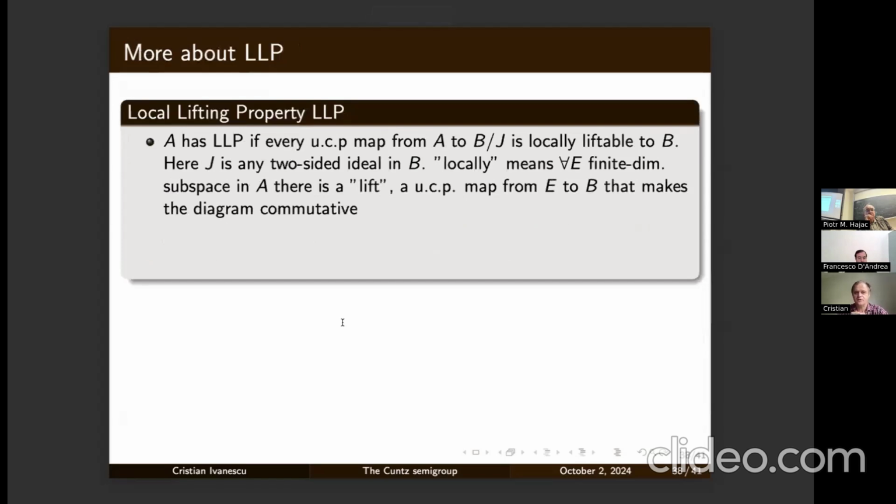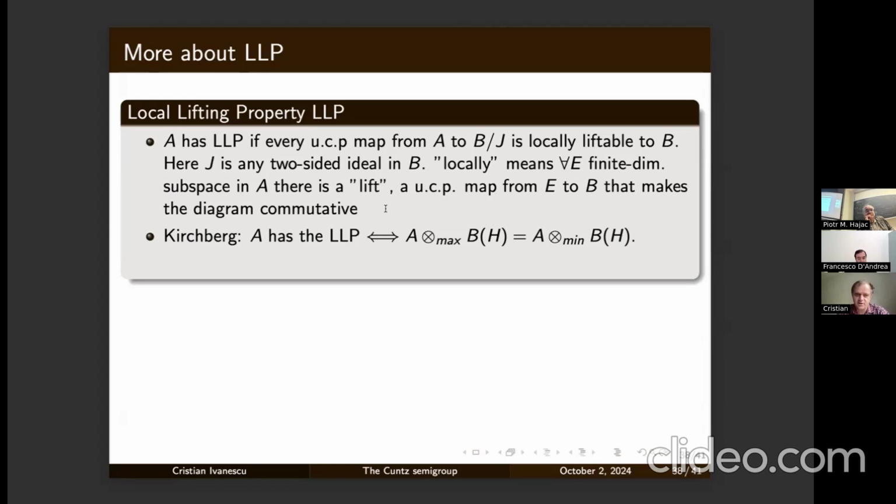So this is the definition of the local lifting property. Thankfully, Kirchberg gave us another equivalent way, so I'll just say it. Local lifting property means that whenever you have B and J is some ideal, we say that A has it if for any finite dimensional subspace in A, there is a lift, by which I mean a UCP map, which makes the diagram commutative.